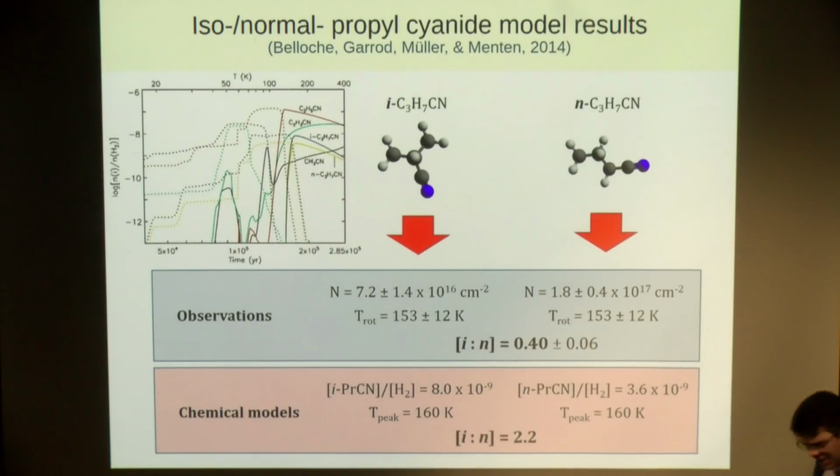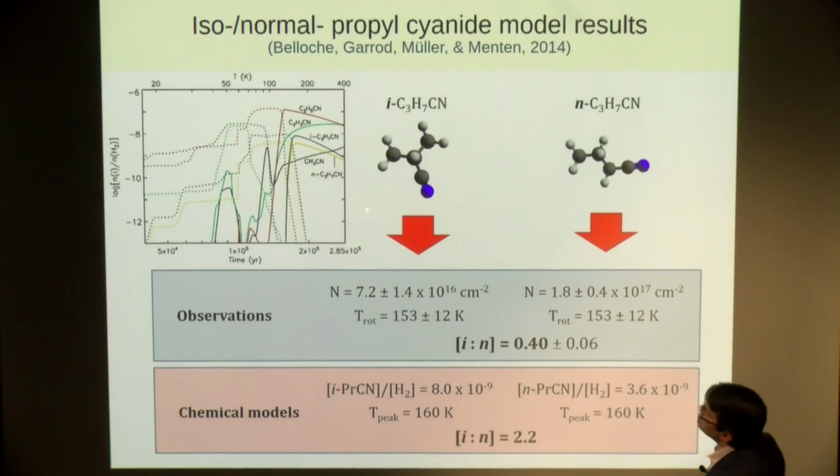Okay, so observations showed us this 0.4 ratio. We did models, and in fact, we got pretty close. We got a ratio of 2.2. That was our best model, or closest one. What that's telling us is that this branched molecule is more abundant than the straight chain form in our simulations. The results I'll show you here just give you an idea of what's going on.